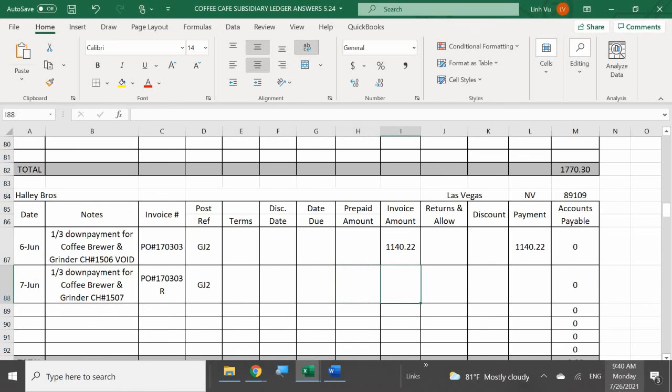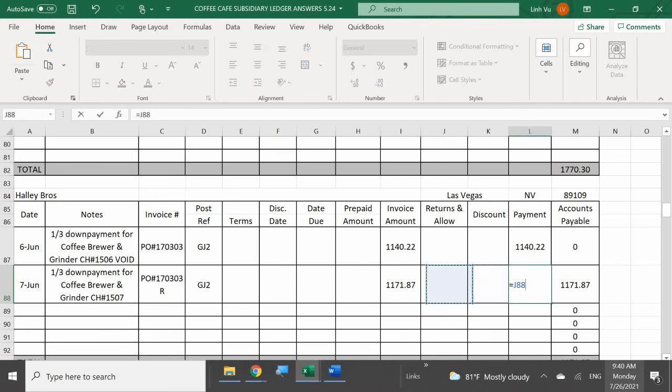But I want you to just understand what I'm doing. It will make more sense when we actually receive our bill. So just go ahead and write that the bill was for $1171.87, and then I paid for it with my check 1507.